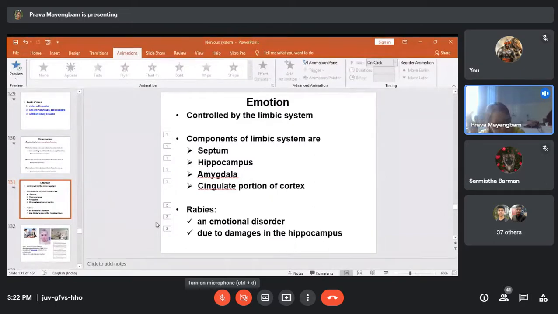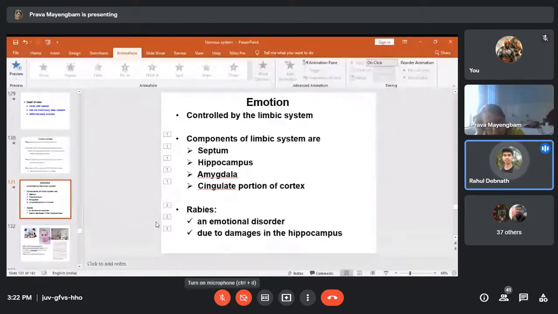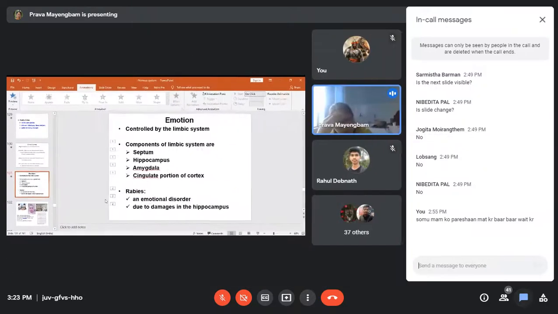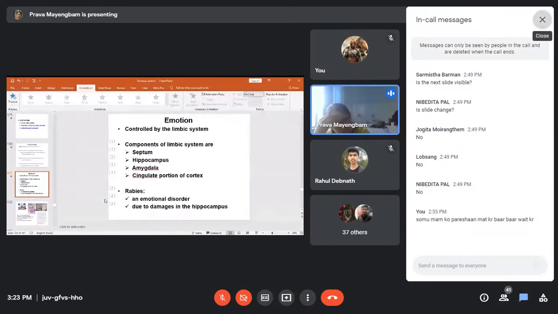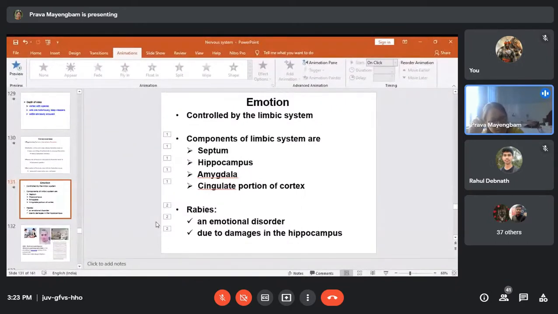Fine. And this does not mean that any animal will have the virus. If the human being bites the animal. No, ma'am, I'm asking that it is not necessary that a particular animal will have the virus. No, there are different stages. There are different stages when the virus starts excreting in the saliva.